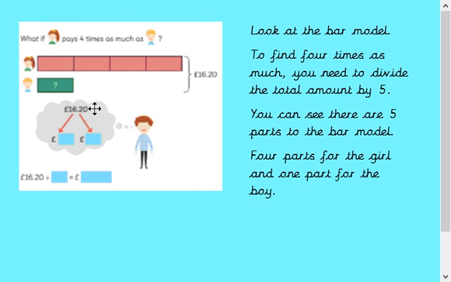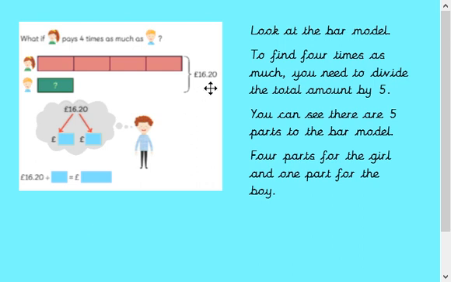Again, what I would be doing is breaking this up into 2 chunks. I would probably go with £15 and £1.20 again. And I'd be saying, okay, 15 divided by 5 would be £3.